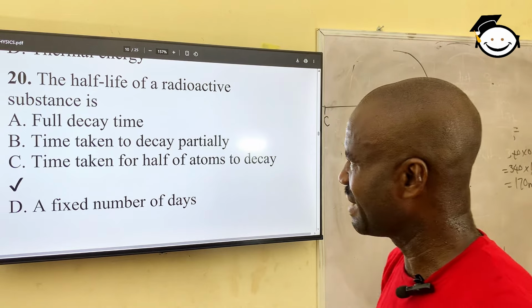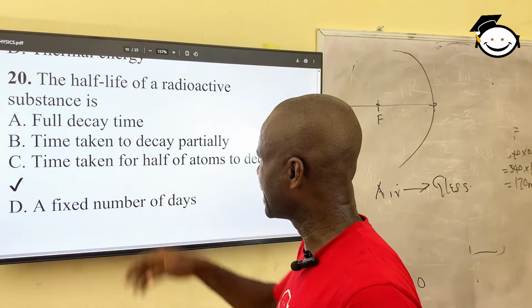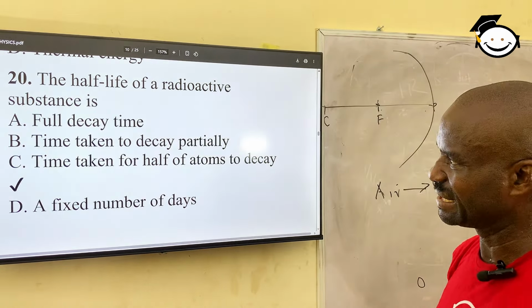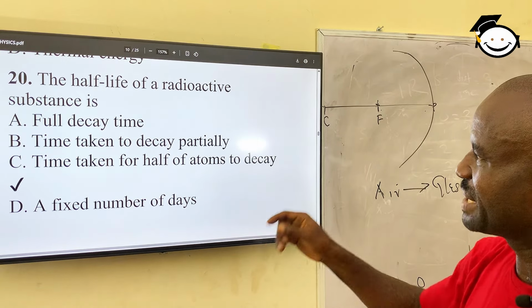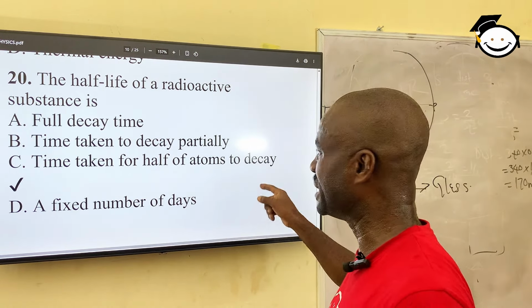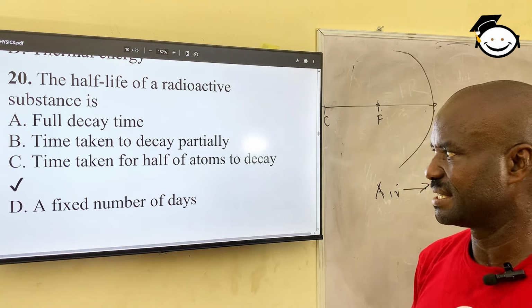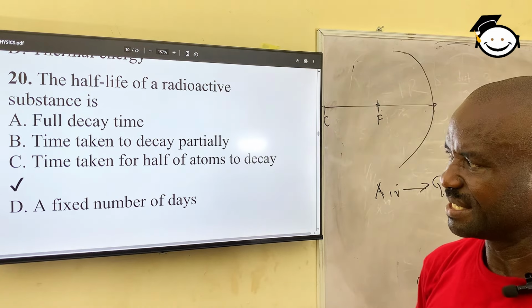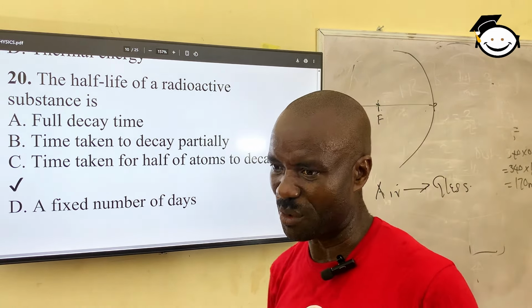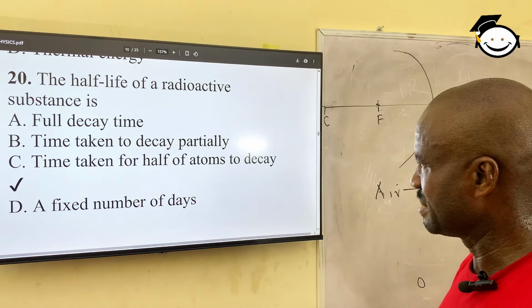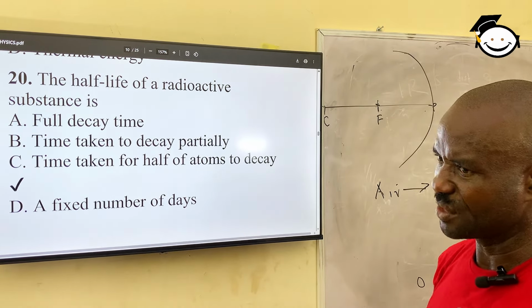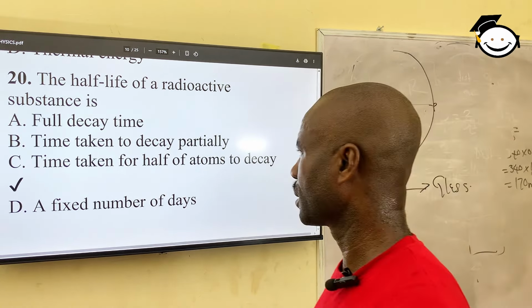The time it decayed fully, no. Time taken to decay partially, no. Time taken for half of the atoms to decay. The correct answer is C. It is the time it takes for the mass or the quantity of the substance to decay by half.